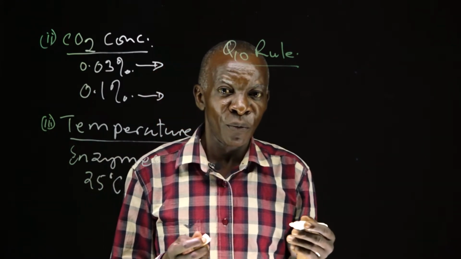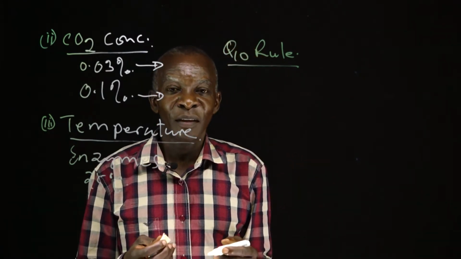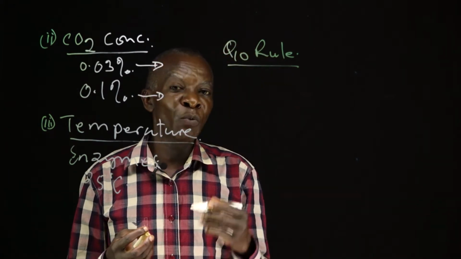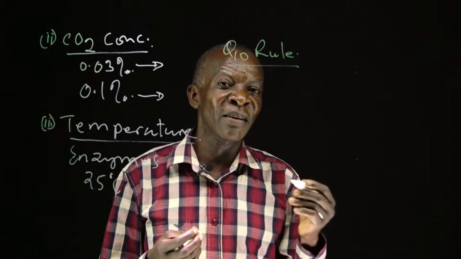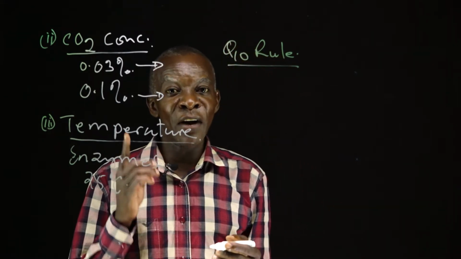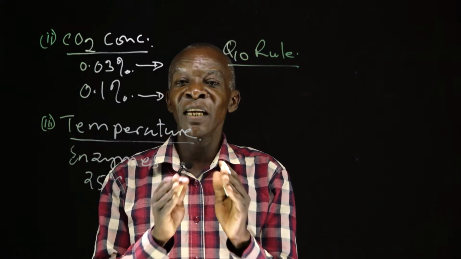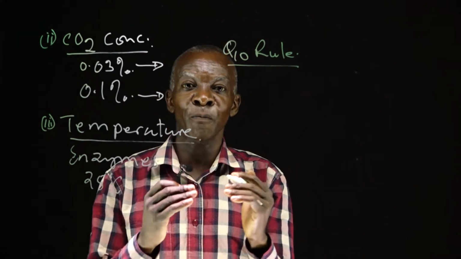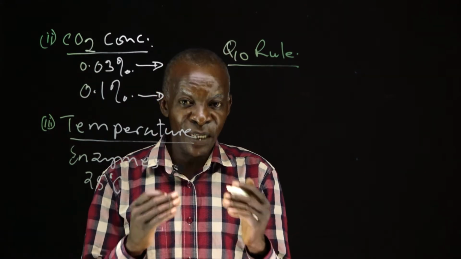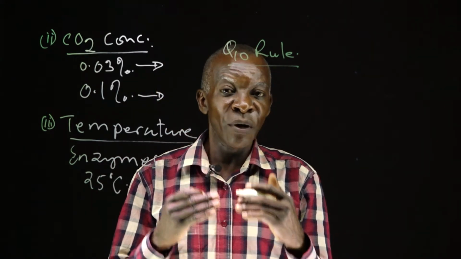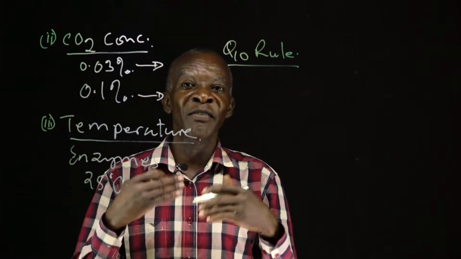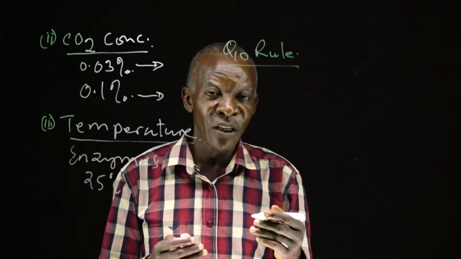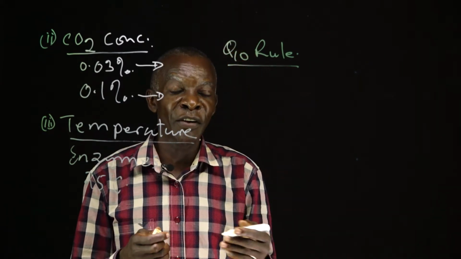The Q10 rule states that the rate of a physiological process doubles with every 10 degrees centigrade rise in temperature, provided that the temperature is within the range that can be tolerated by a living system.